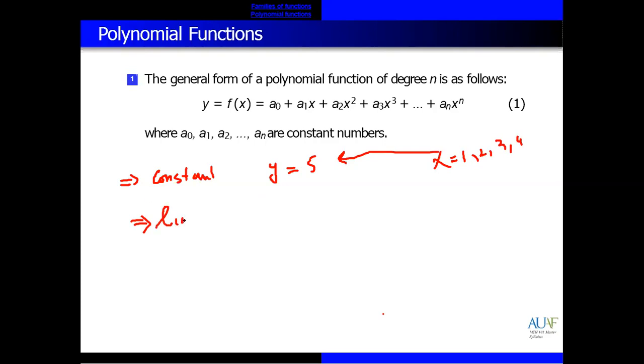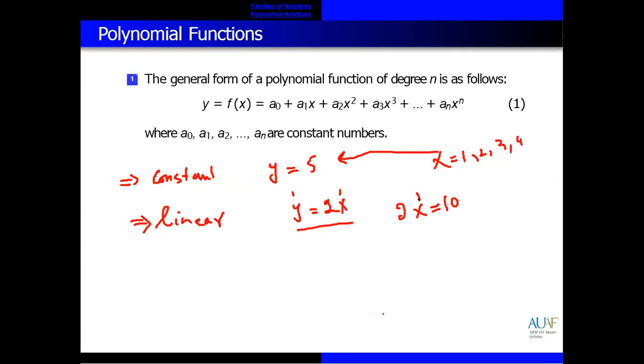Second one is linear. You know what a linear function is. A linear function is a type of function in which the variable powers are 1. This is a linear function with two variables. For example, 2x is equal to 10. This is also a linear function because the variable power is 1.